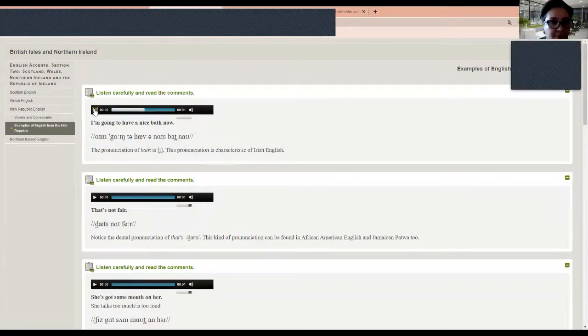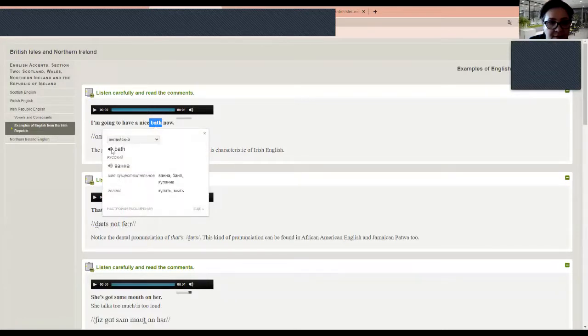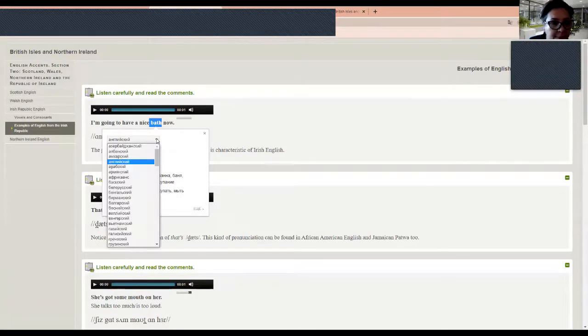I'm going to have a nice bath now. Do you feel the pronunciation of th? Englishmen pronounce it as bath. I'll try to find it in American.